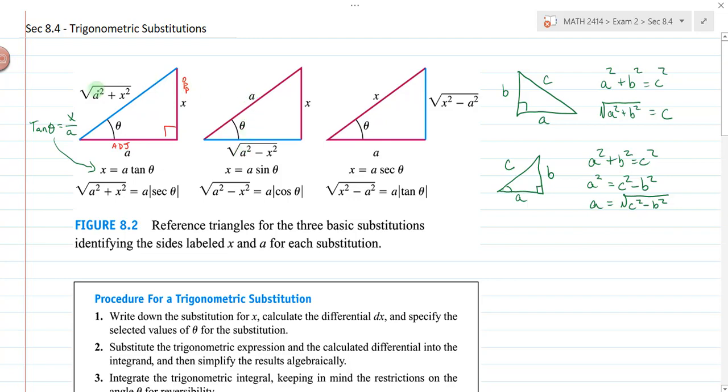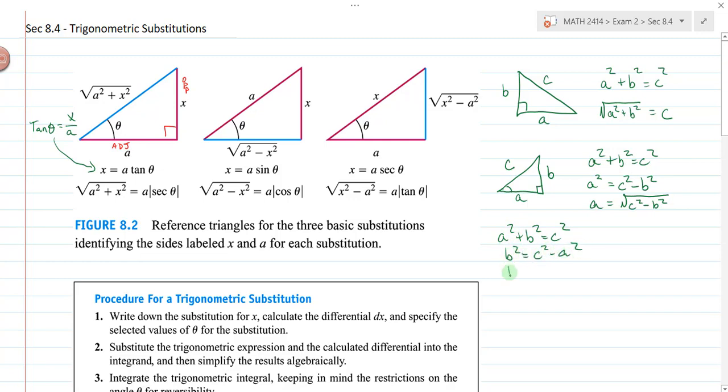So the radical that was in the hypotenuse before gets swapped out with the position of what is now the hypotenuse, and that's my adjacent side. And if I wanted to take this right triangle and solve it for b, I'd start with a squared plus b squared equals c squared. If I solve it for b, I would get b squared is equal to c squared minus a squared.